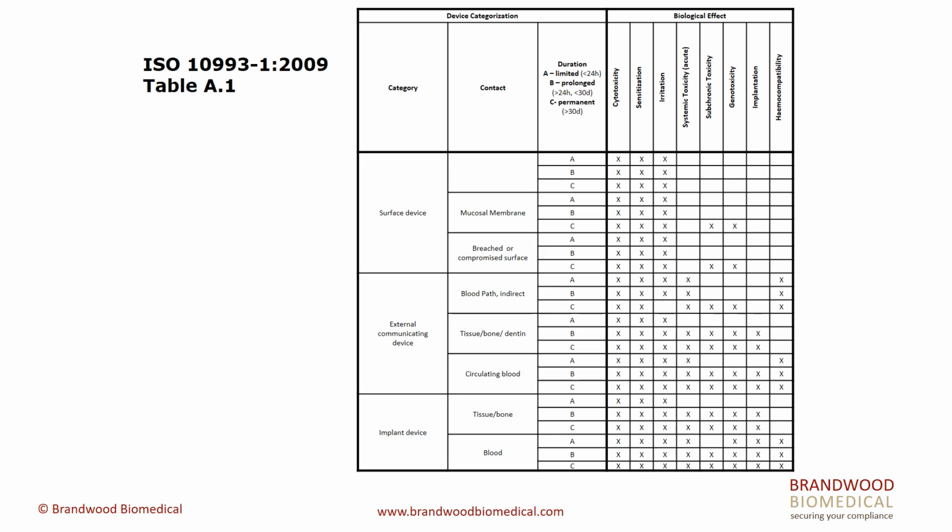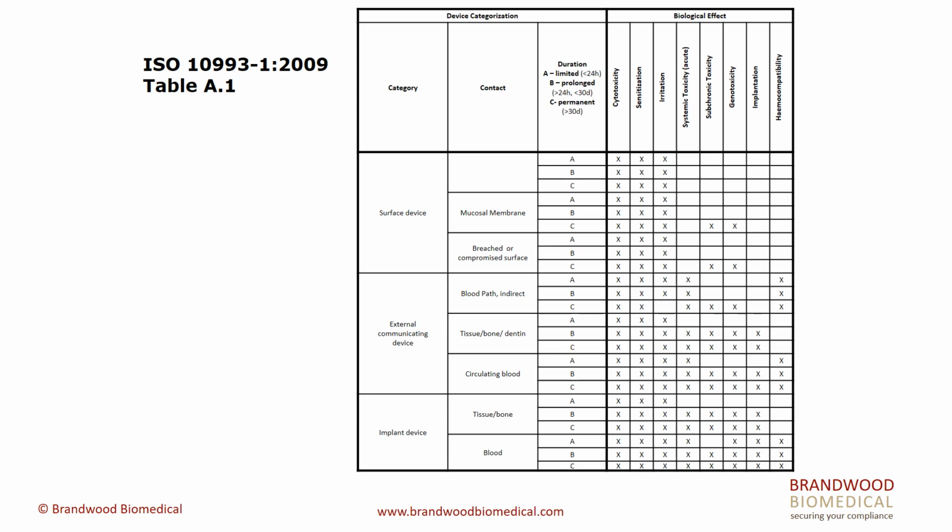So along the left hand side here we have the type of device, surface, external communicating, implant, what the nature of tissue contact is, and then how long the contact is, whether it's limited, less than 24 hours, prolonged, more than 24 hours but less than 30 days, or permanent. Anything over 30 days is considered permanent. And then depending on those factors you decide what you really need to consider in your evaluation.